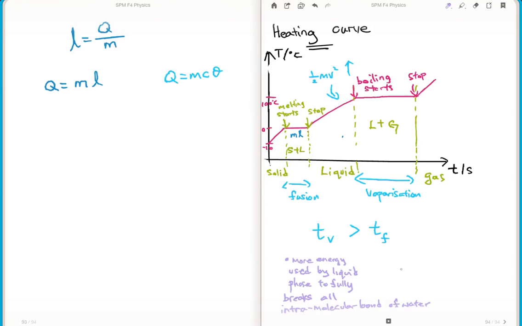That's why it's longer. Another reason is that the latent heat for vaporization is greater, because more energy is required.